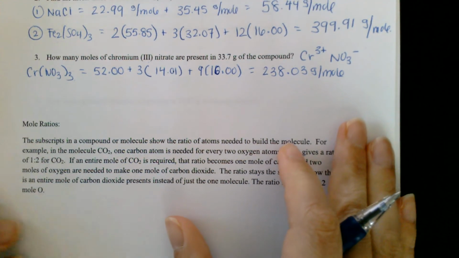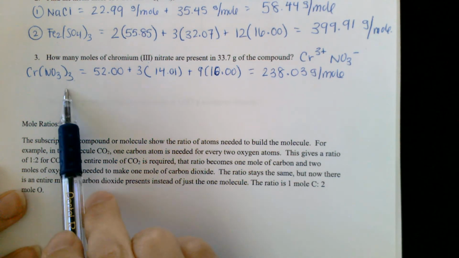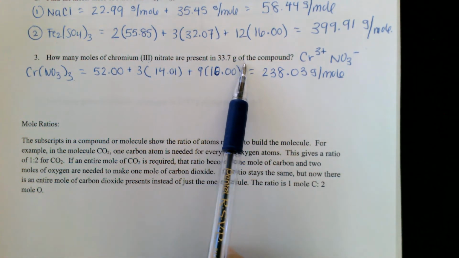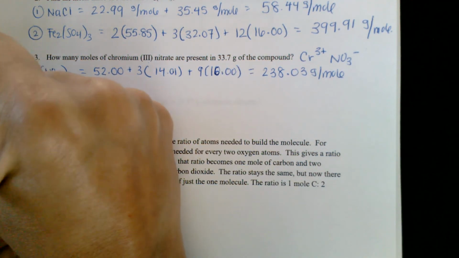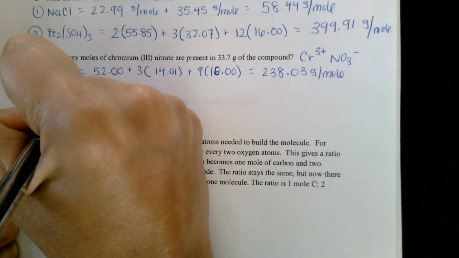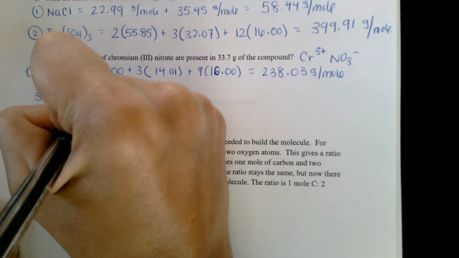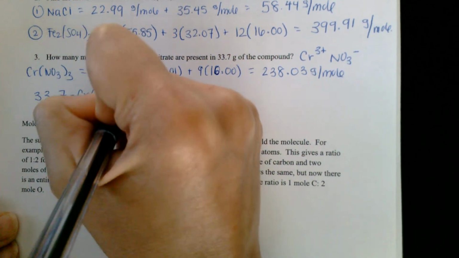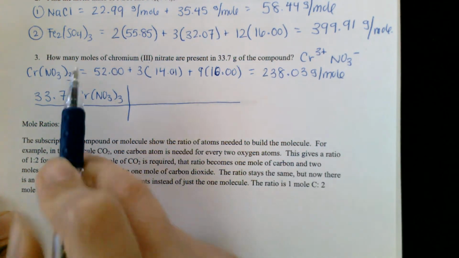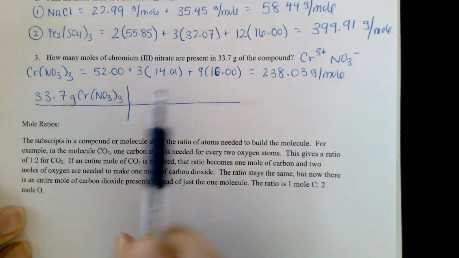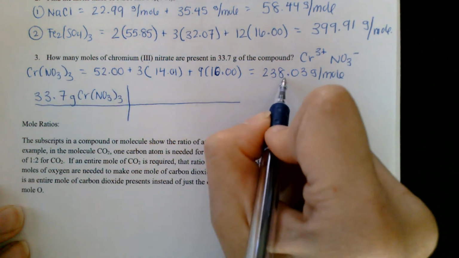Okay, so now that we have the molar mass of our compound, we can do the conversion. It's exactly the same as we did with our elements. We're going to set it up in dimensional analysis to get things to cancel. So we have mass of chromium nitrate in the numerator. When you're going from grams to moles, we always end up dividing by the mass.